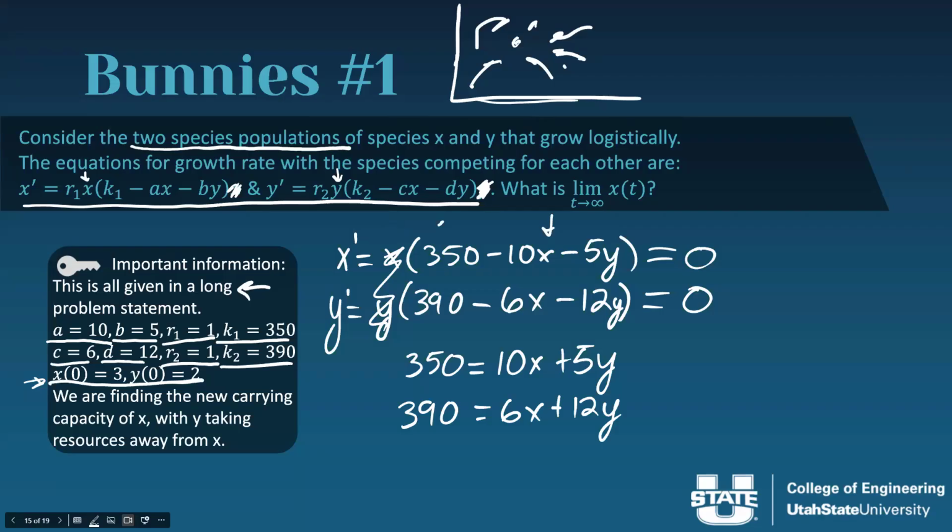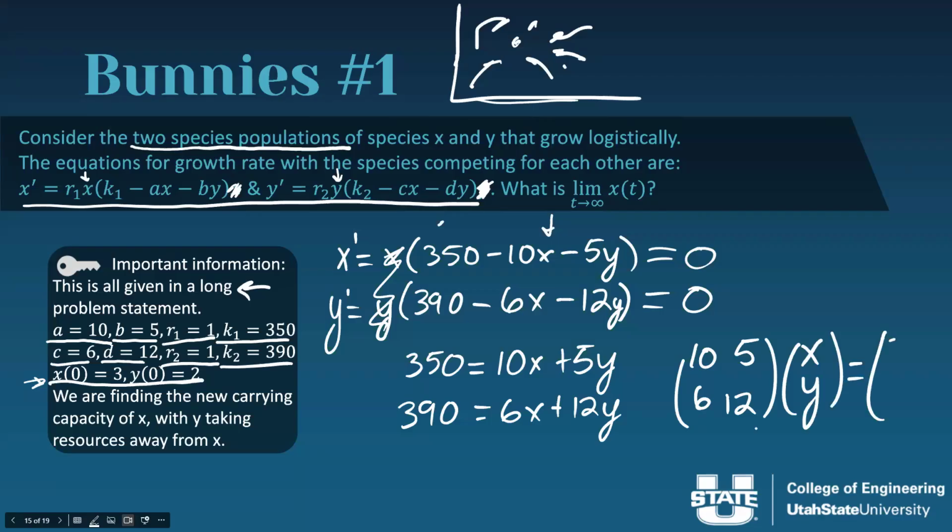That is my plan. I love linear algebra, so we're going to solve this using linear algebra. You could do substitution, elimination, all that elementary stuff, or you can set up a matrix.